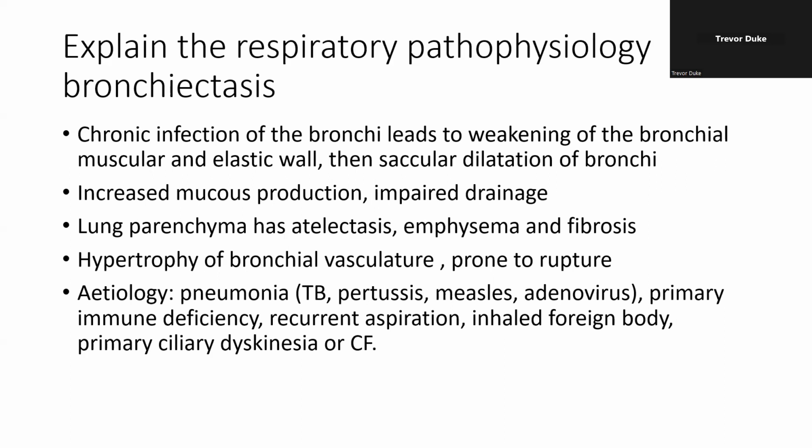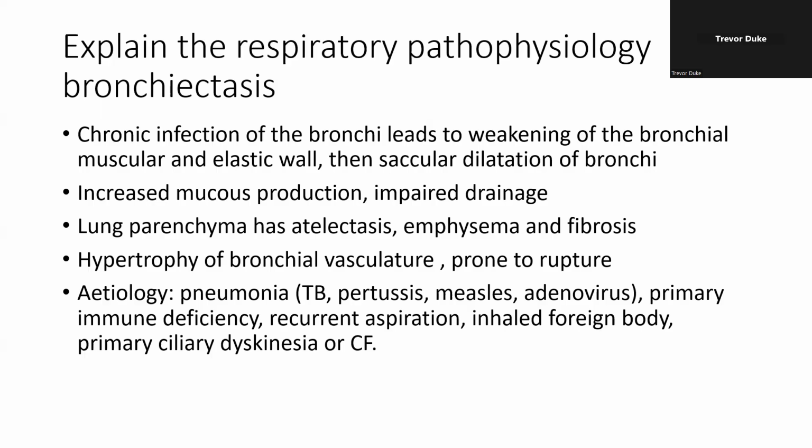So you've got cilial damage, you've got increased mucus production, and you've got a breakdown of the bronchial wall, leading to a saccular dilatation of the bronchi, and all of that leads to often a collapse of areas of lung that are distal to the area that's most affected, or sometimes it can lead to sort of an emphysematous dilatation of some of the distal areas, and sometimes because of the inflammation, it can lead to fibrotic change within the lung. So it's the combination of all of those things.